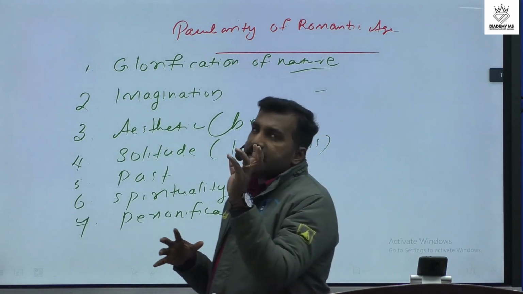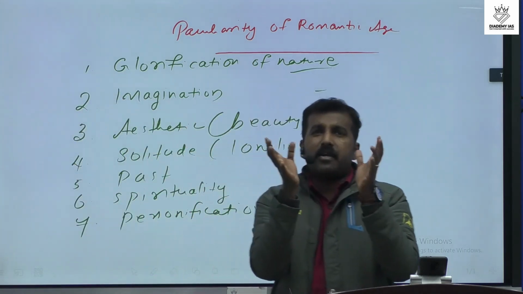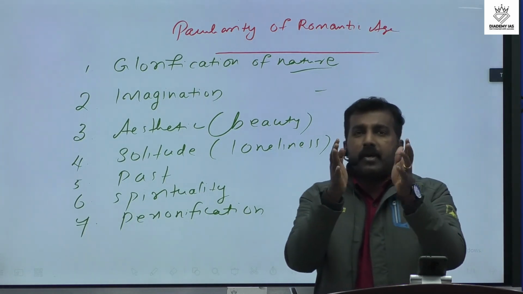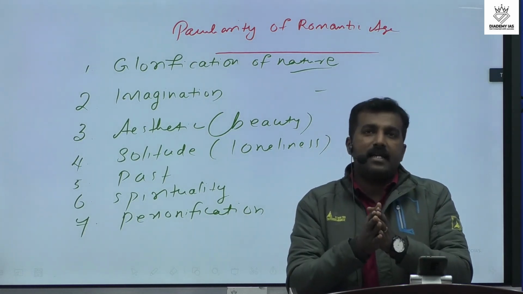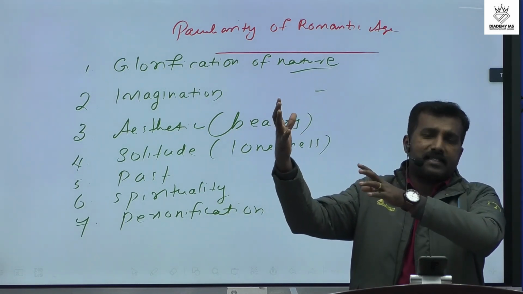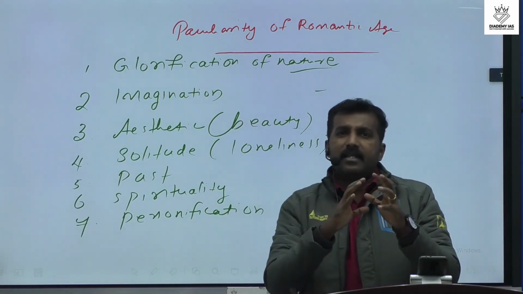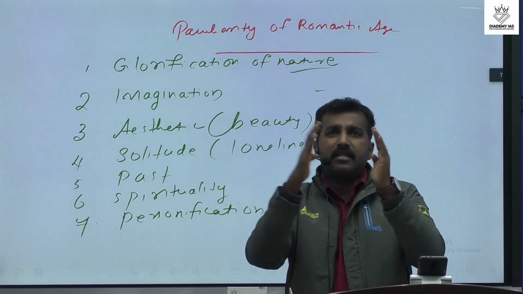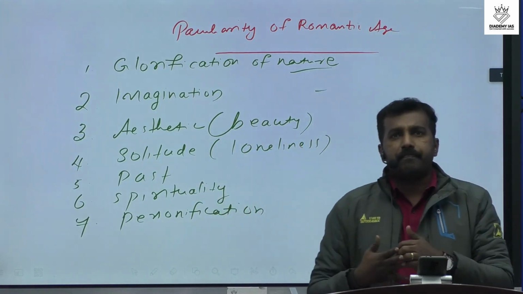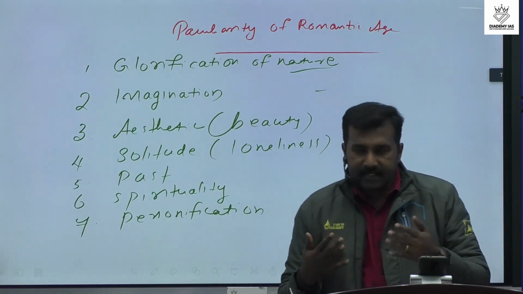Through their literary works, the Romantic writers used natural objects or natural things with human life, and they symbolically present a comparison with nature, with beauty, sorrow, happiness, eternity, like that.